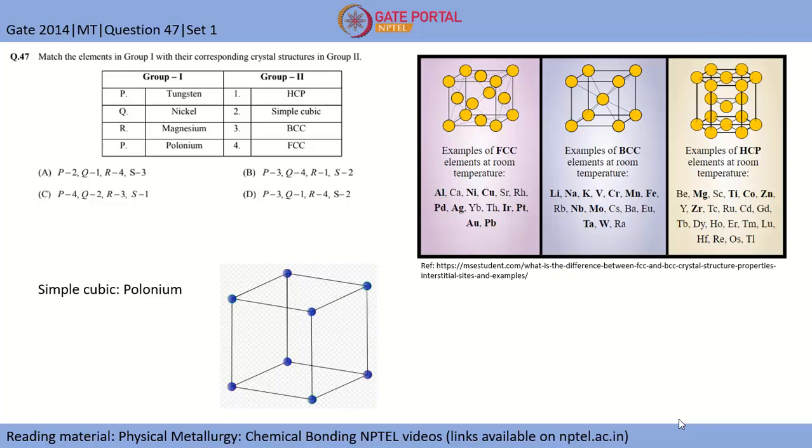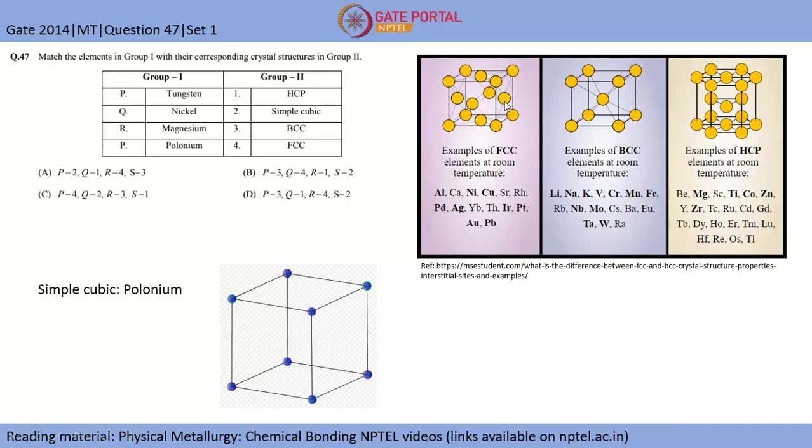Coming to the crystal structures, most metals or elements solidify in four crystal structures. Most common is FCC because it is a close-packed structure. Here you can see this is the FCC lattice, where atoms are present on all the faces.